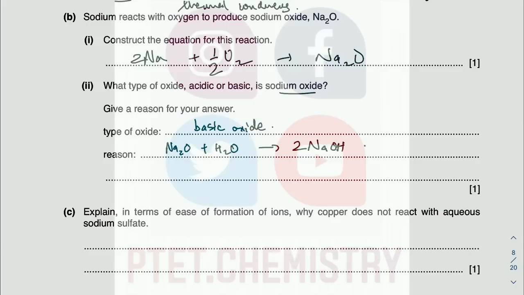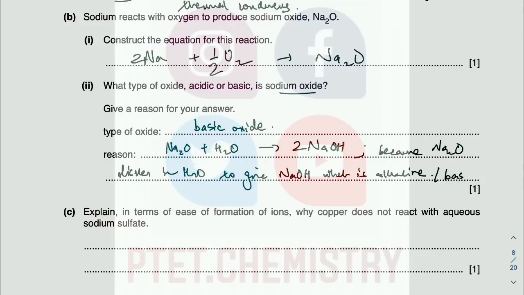And it is a basic oxide because Na2O dissolves in water to give NaOH, as the equation I showed you above, which is alkaline. Basically, it dissociates in water to give you OH minus. That is also known as basic.